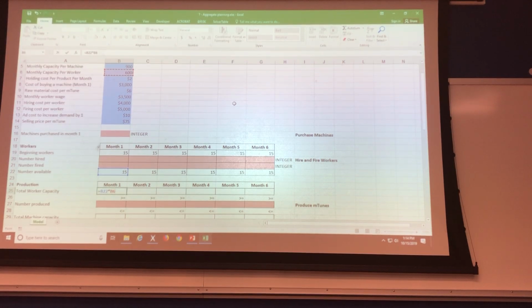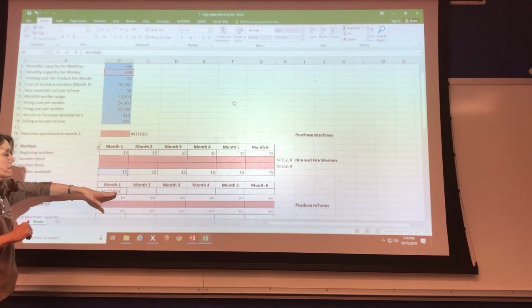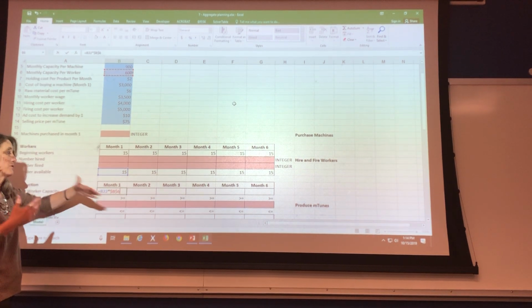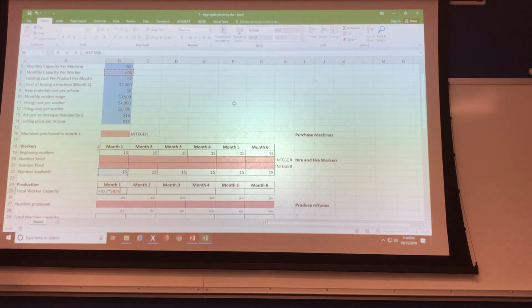I have a tendency to put whatever is going to be my absolute reference one in second, only because then I just press F4 and I'm done. But you do need to make sure. I know that you really only need this in front of the column, but for me it's faster just to press F4 and it puts it in front of everything. The B22 times B6, the B6 part needs to be an absolute reference, at least for sure the B has to be. And then copy that across.